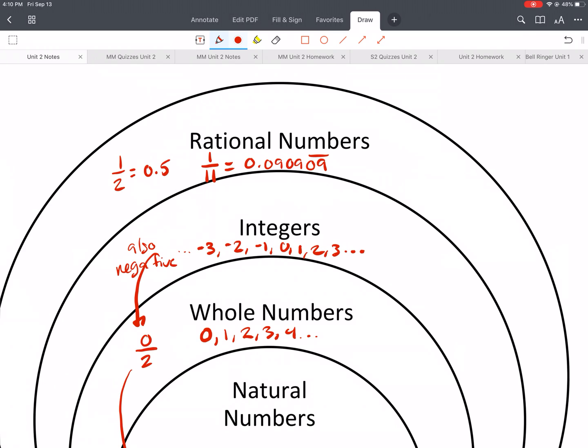So with decimals, decimals are always rational if the decimals end or they have a pattern that goes forever, okay? So decimals that end or have a pattern. Okay, so that's what rationals are.